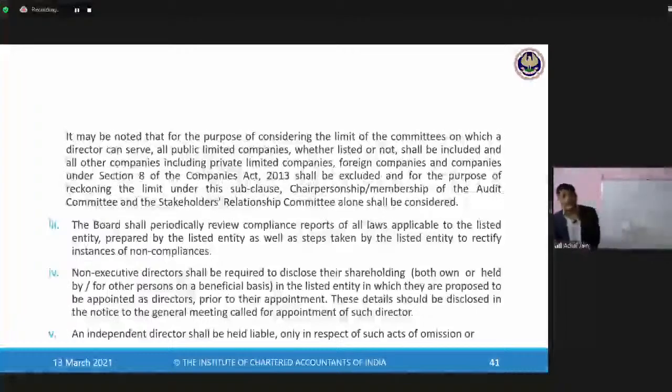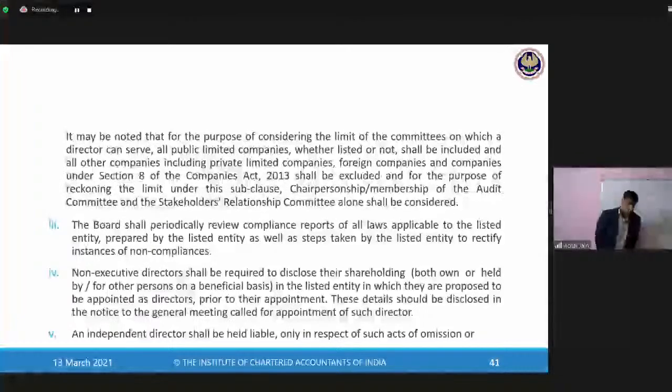Next, an independent director shall be held liable only in respect of such acts or omissions or commission by the listed company which had occurred with his knowledge, attributable through board processes, and with his consent or connivance, or wherein he had not acted diligently with respect to the provisions contained in the LODR regulations.